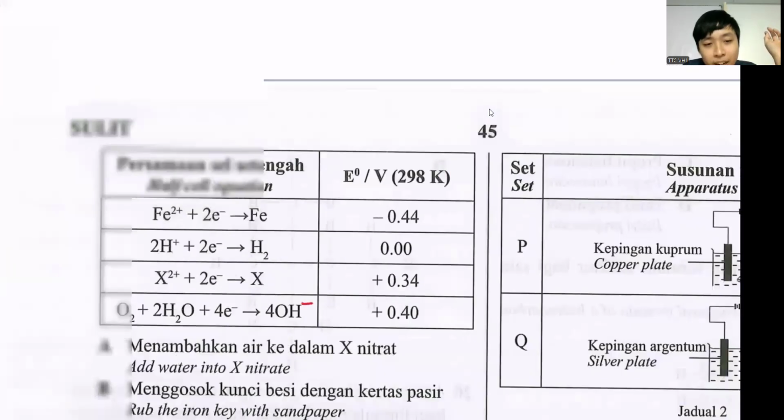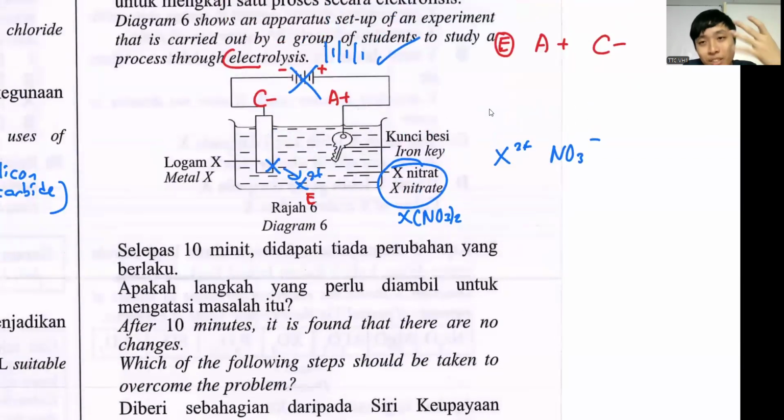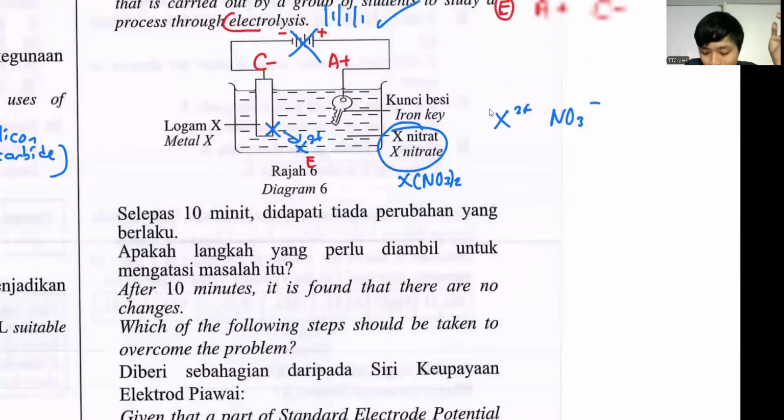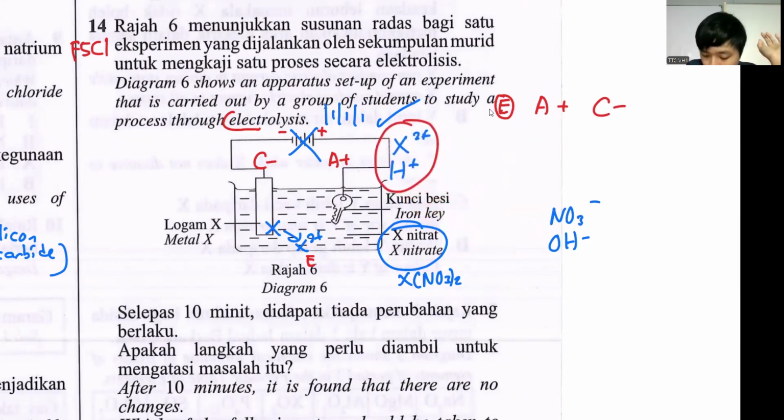The reason I write X2 plus is because I know positive 0.34 is copper. So I can completely say it's copper. Then your solution contains water, H plus and OH minus. So these two ions go to the cathode, and these two ions go to the anode.